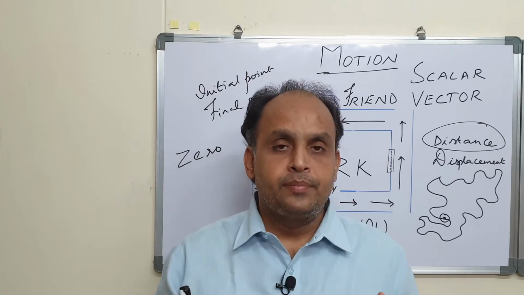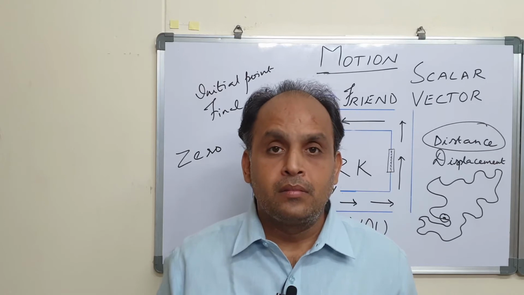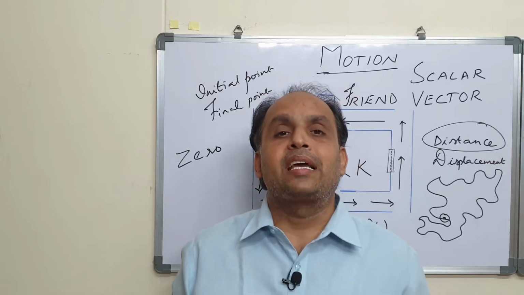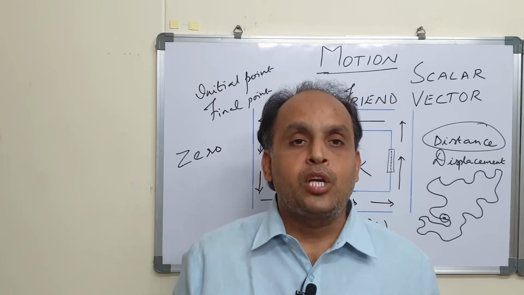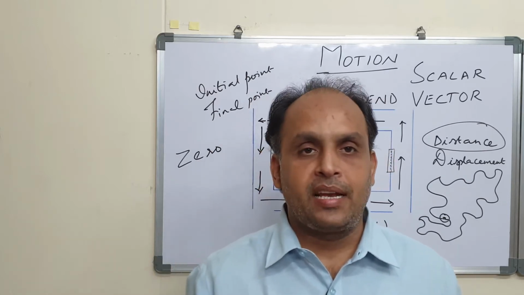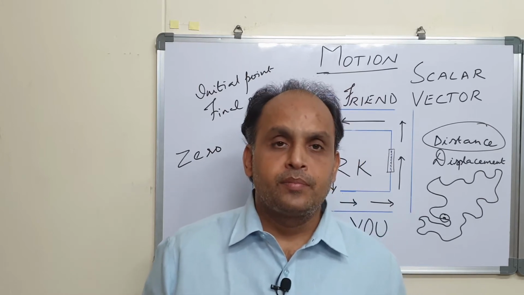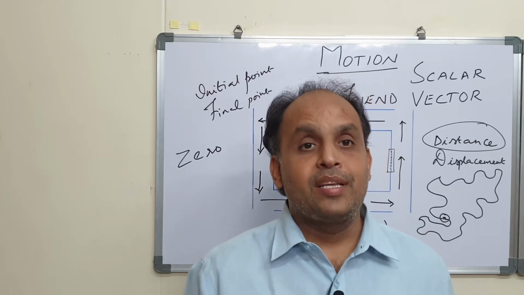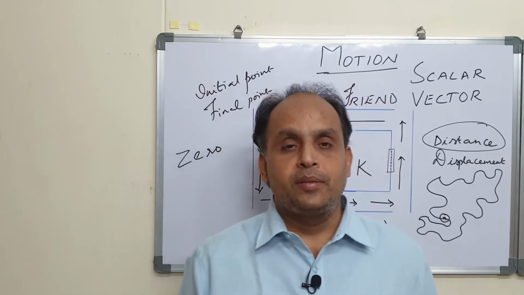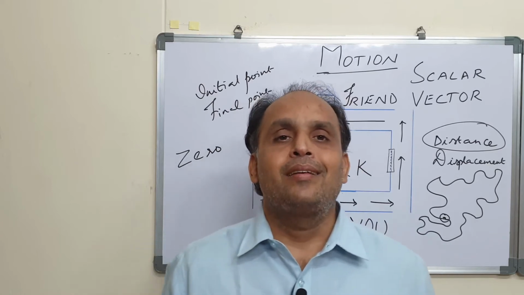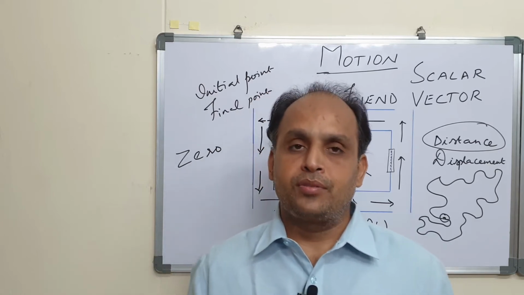Clear? And distance is always greater than or equal to displacement. It can never be lesser than displacement because displacement is the shortest. Distance is always greater than or equal to displacement, whereas displacement is always lesser than or equal to distance.